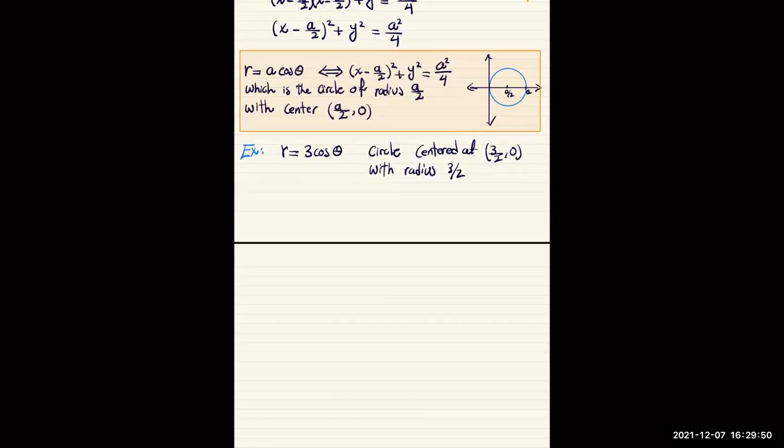Where would the y come in? Let me try to understand that. What do you mean, where with the y? For example, as we understand r equals a cosine theta, where would the y come in? Would it be like plus 3, and then we would know to shift the circle up by 3 units?